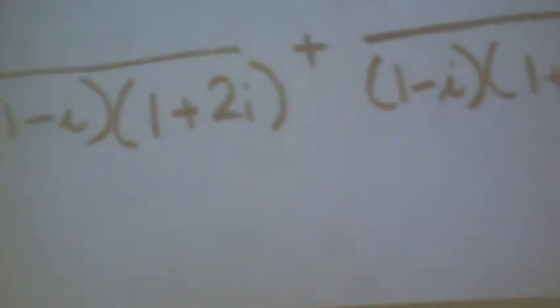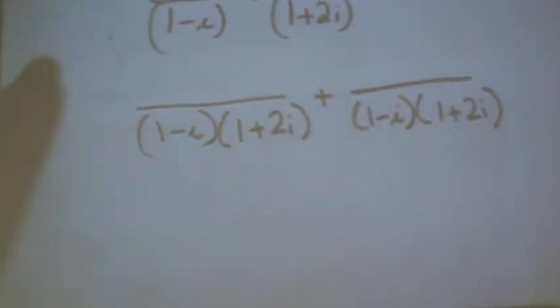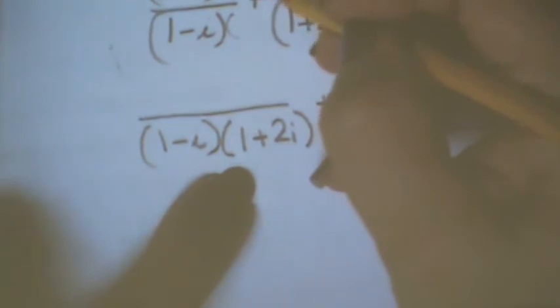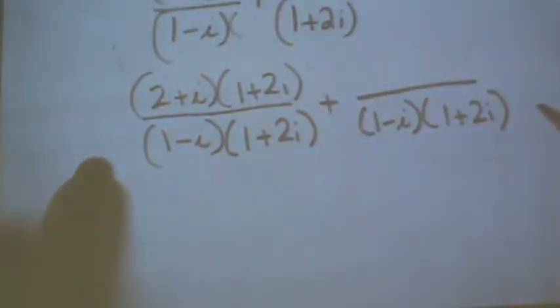Okay, so what you need to do is multiply this by 1 plus 2i. So this has to be multiplied by 1 plus 2i. So 2 plus i times 1 plus 2i. And then this one is missing the 1 minus i. So 1 times 1 is 1 minus i.